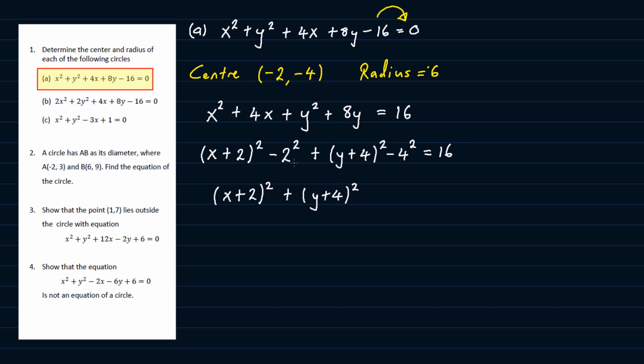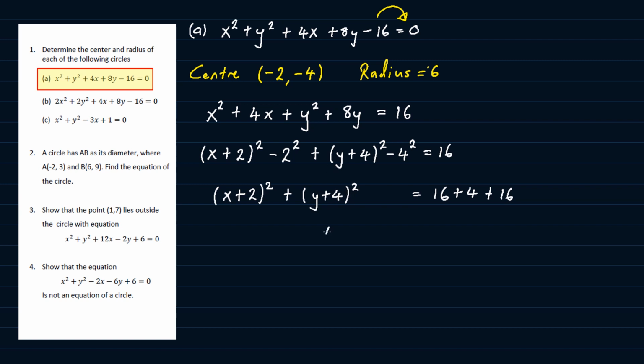Now minus 2 squared is minus 4. And if I add it to both sides, it means that I'll be having plus 4 here. And minus 4 squared is minus 16. If I add it to both sides, then I have plus 16 here. So I'm only left with x plus 2 squared and y plus 4 squared on the left side.